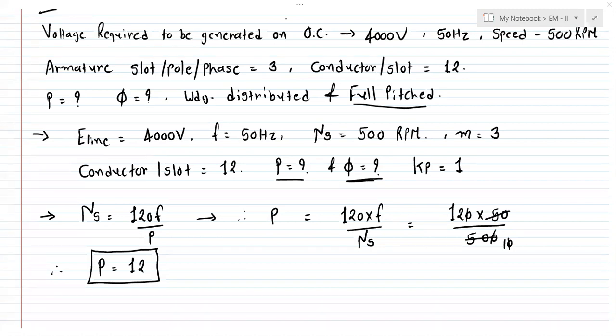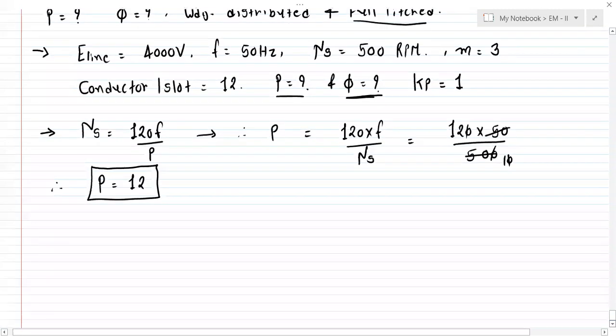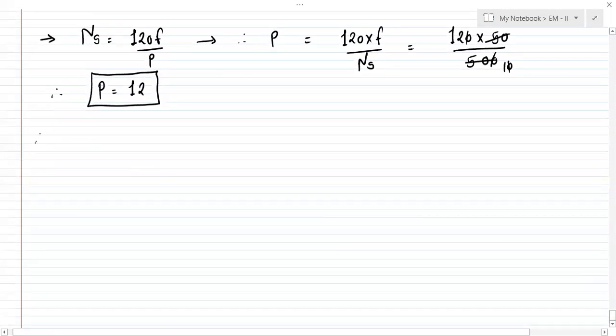Yes, I think we can use the formula of the EMF equation. So the equation of the EMF, I am writing down here: E phase, EPH, is equal to 4.44 F phi TPH KP KD.